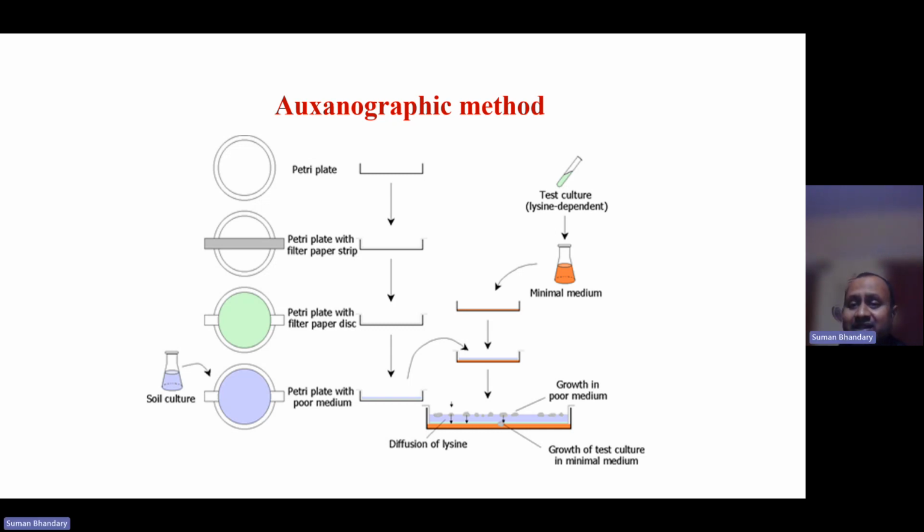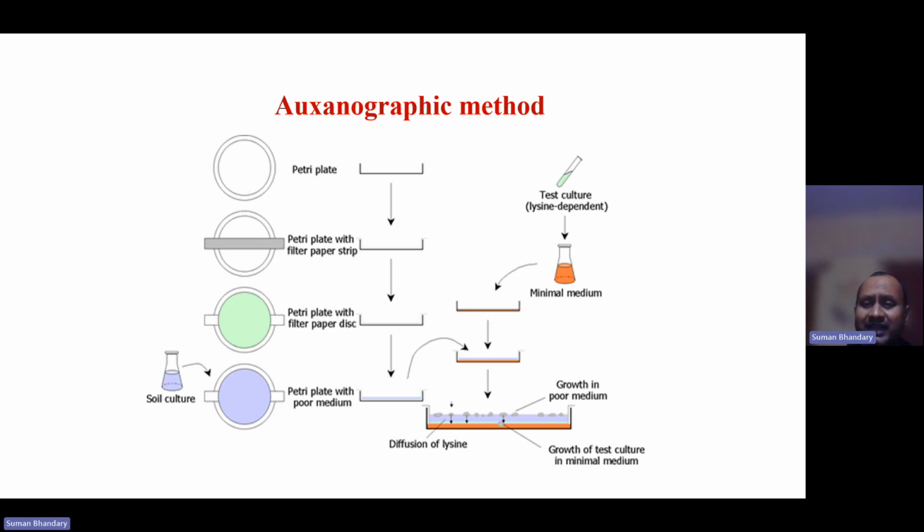Then you spread the soil sample aliquot over the culture plate, put the lid on and incubate at a particular temperature. After incubation, you can check several isolated colonies in the first culture plate.